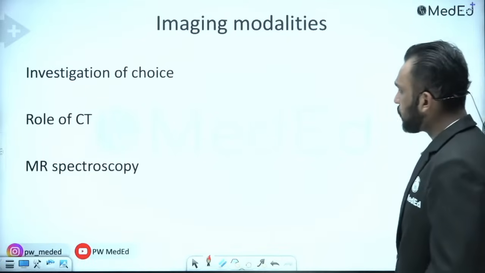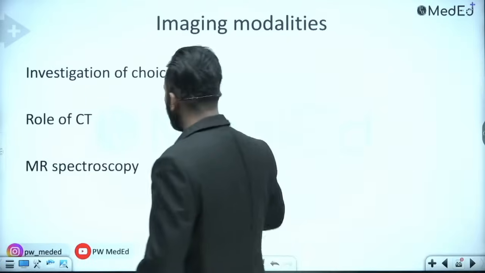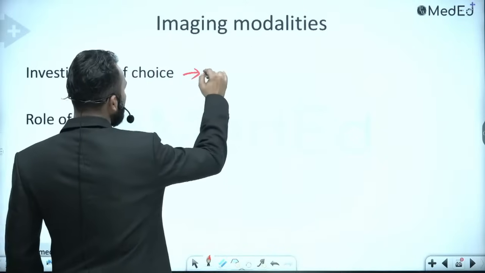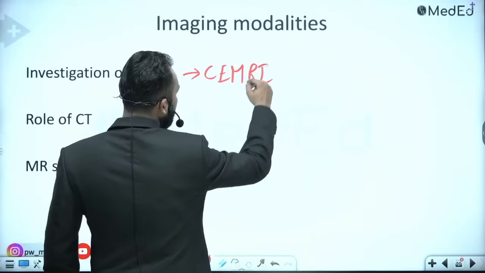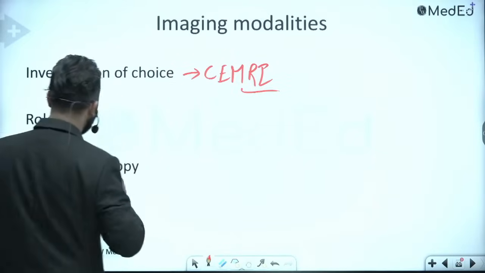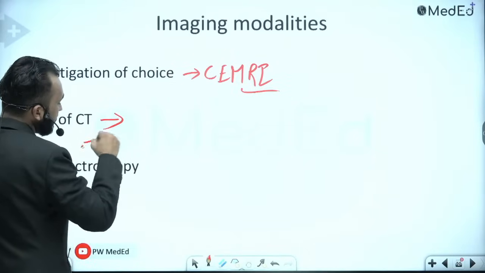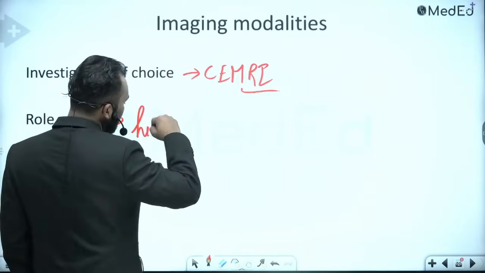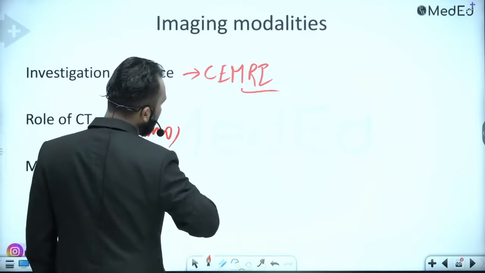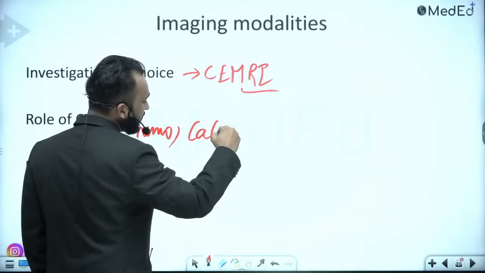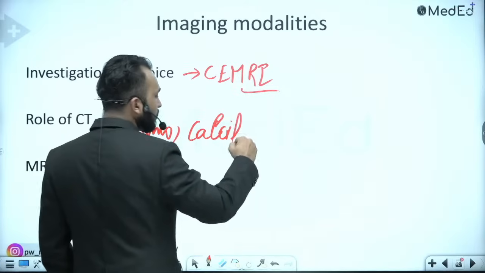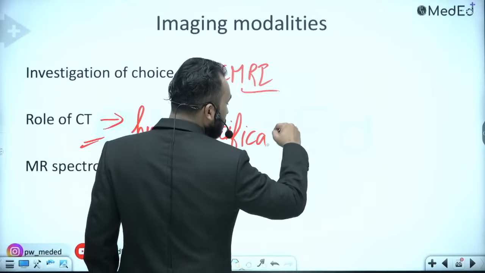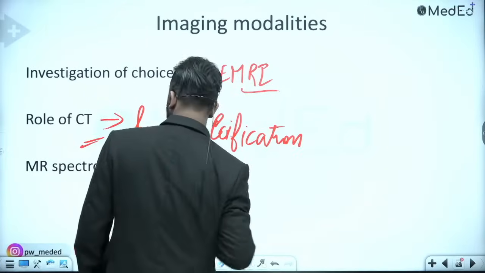And if we look at the imaging modalities, in all the brain tumors the investigation of choice is contrast enhanced MRI brain. Role of CT is to look for any hemorrhage within the brain tumor, to look for any calcification. Lesions like your oligodendroglioma and craniopharyngioma are going to show hemorrhage and calcification, right?